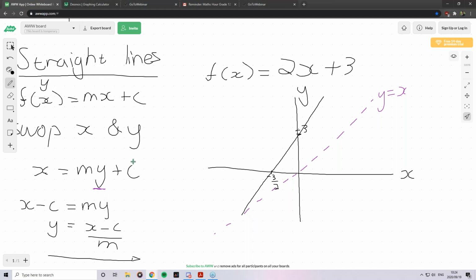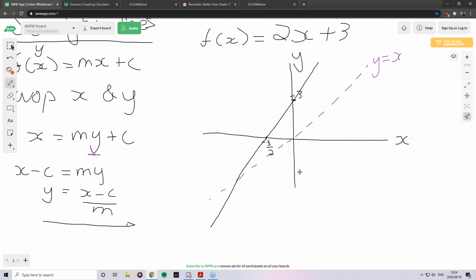Now, in reality, this goes all the way down and cuts it. So you can probably intuitively just see what the inverse is going to look like. If it's reflected on the line y equals x, what it looks like here is what it's going to look like here. But let's use our method, because that's going to give us the most marks in the end.